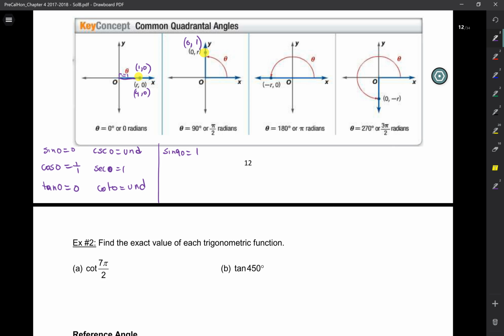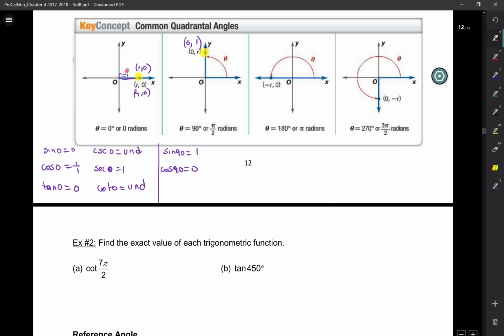I say, oh, that's 1 unit up, so it's 1. When somebody asks me, what's sine of 0? I say, oh, that's 0 units up, so it's 0. What's cosine of 0? Okay, cosine is the x. I go 1 over in the x, it's 1. What's cosine of 90? How much in the x do I go there? 0. So cosine of 90 is 0. I don't even bother with the r.